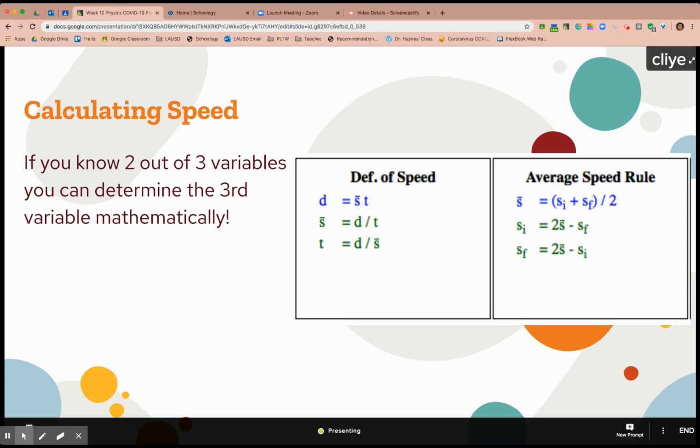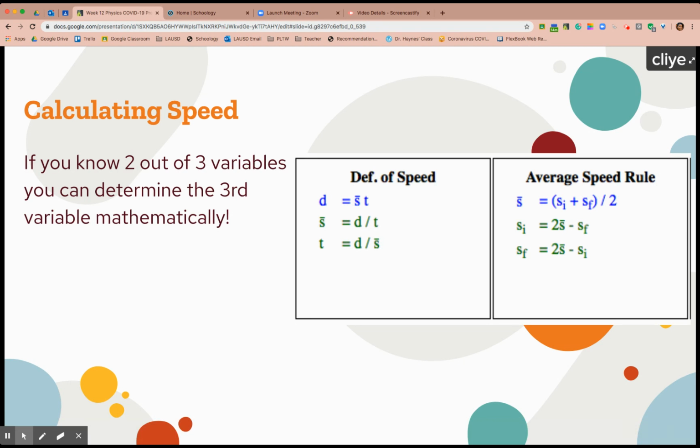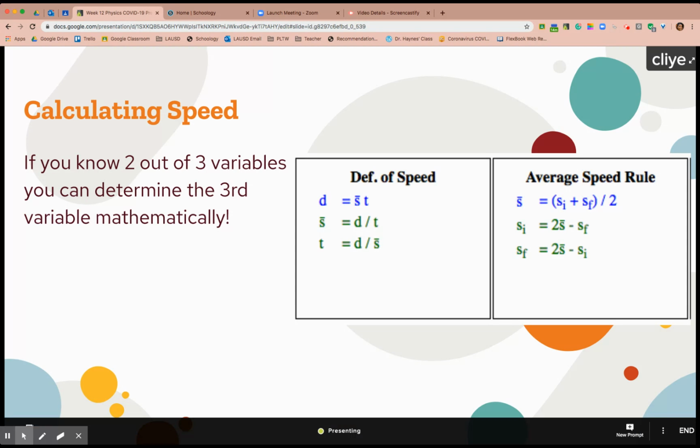These 2 green ones are derived from the equation in blue. All they did was rearrange the equation. And yes, I'll post these slides on Google Classroom. So in order to find the final speed, you use this equation here. I see that question over here. That's S sub F.